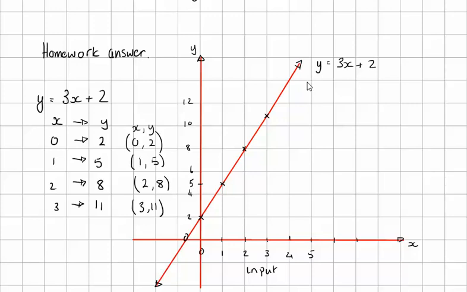Now what we're trying to notice for this lesson is whether there is any quick way of being able to draw this graph without necessarily having to do all these points. I think Nico said something along this line last lesson.